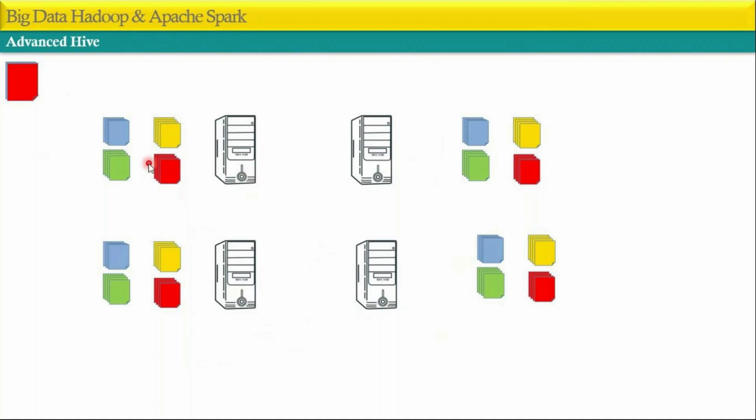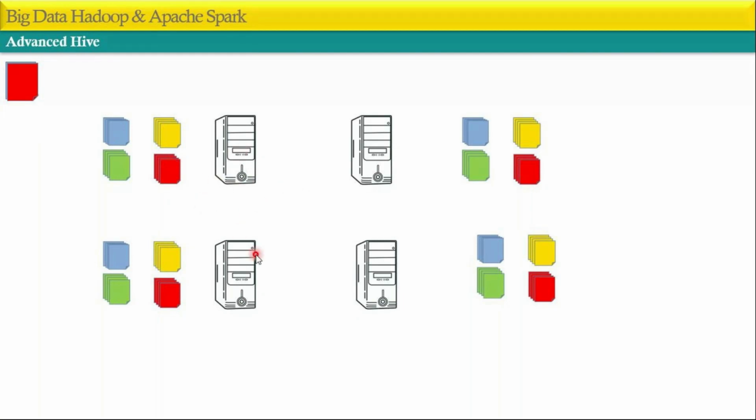So this is the principle in bucketization and partitioning. We are going to divide the data into smaller chunks with respect to its cardinality, and with respect to the column that we are going to query a lot. Based upon that, we do the partitioning and bucketization.